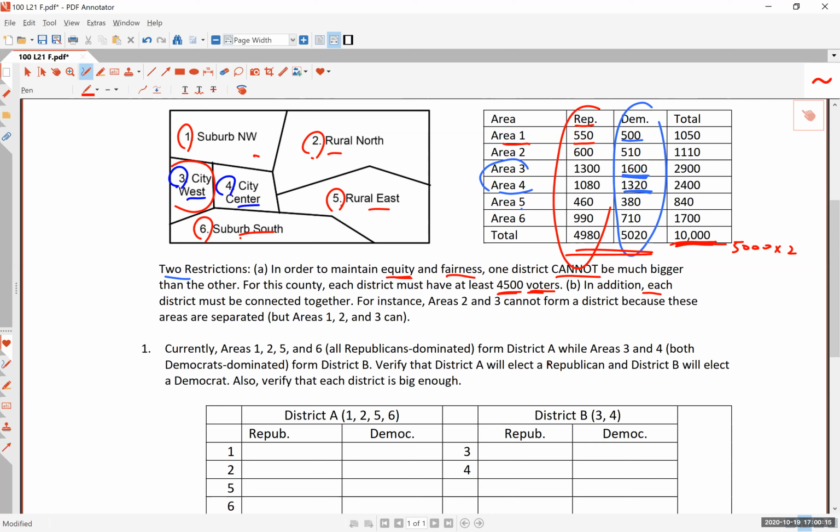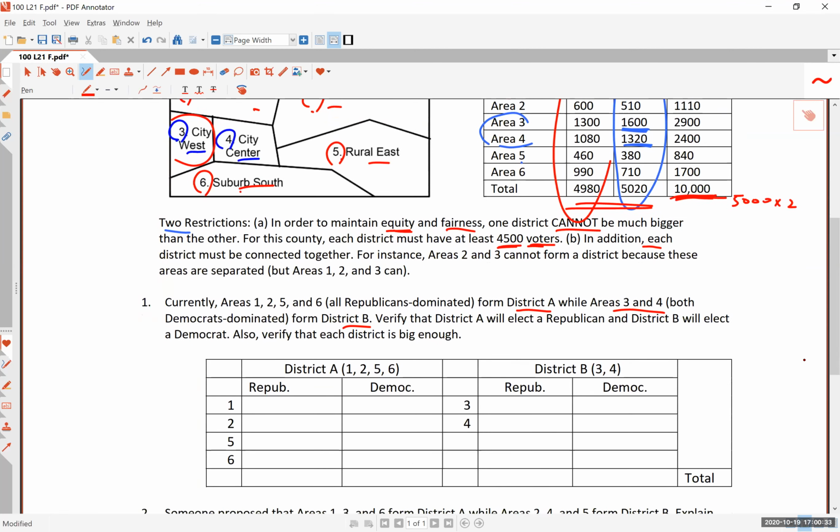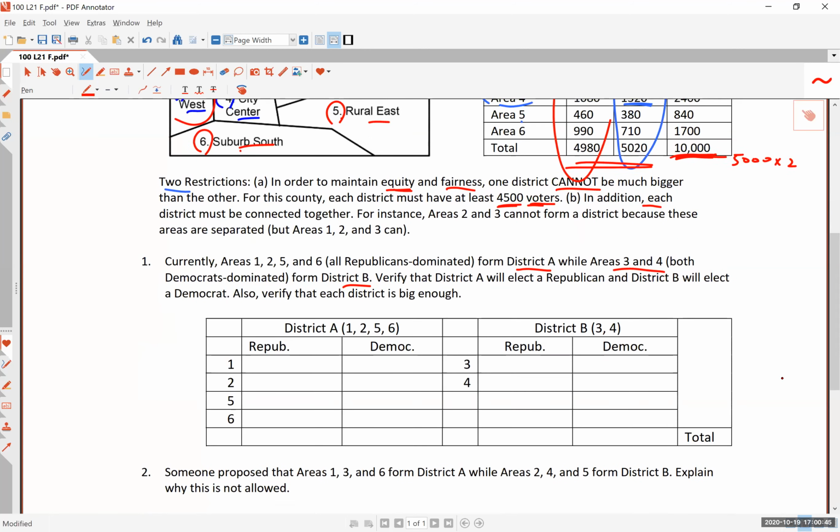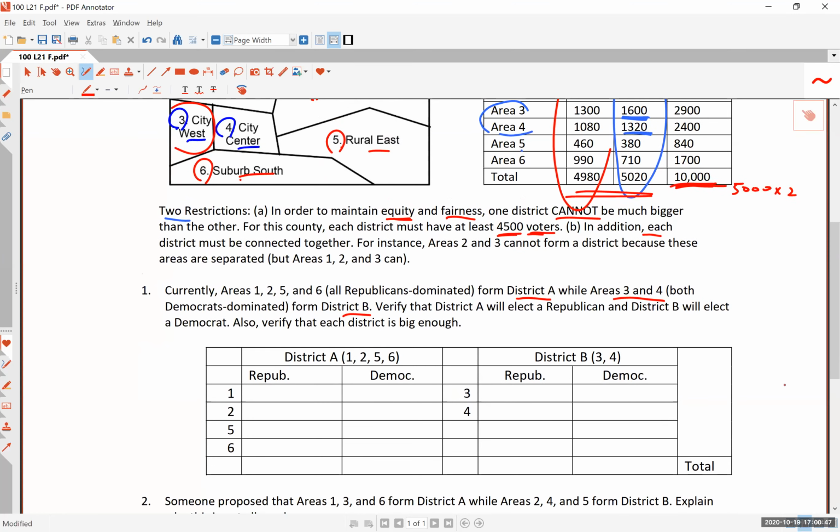They belong to District A. And the urban, inner city areas, which are 3 and 4, both blue dominated, form District B. So we have District A and District B. Verify that District A will elect a red party candidate and District B will elect a blue party candidate. And also verify that each district is big enough.